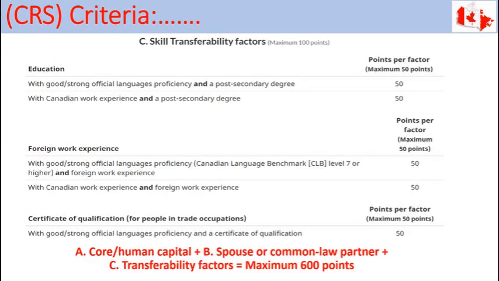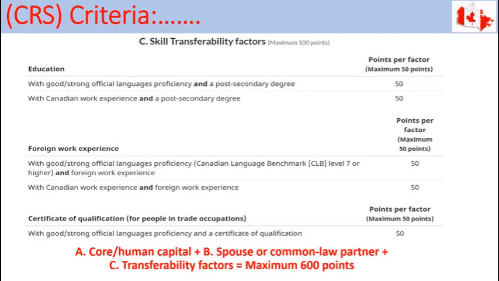Now skill transferability factors, you can get a maximum of 100 points here. It depends on your education and foreign work experience. For education, you can get a maximum of 50 points, and for foreign work experience, you can get a maximum of 50 points. Foreign work experience means any work experience which is outside Canada.